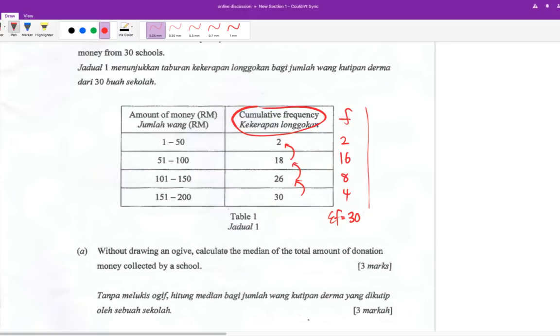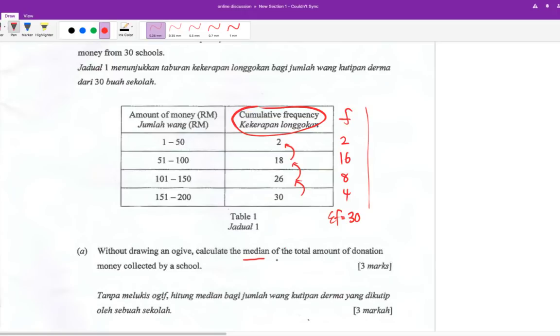Then I will go to the first question: without drawing the ogive, calculate the median of the total amount of donation money collected by the schools. So you need to find the median. In order to find the median, you need to know which class is the median class.